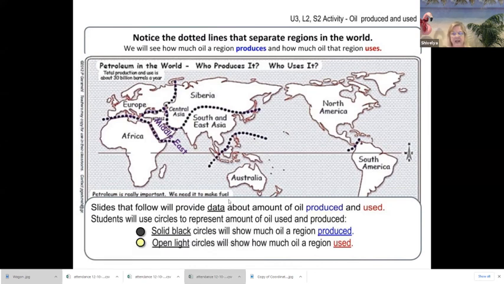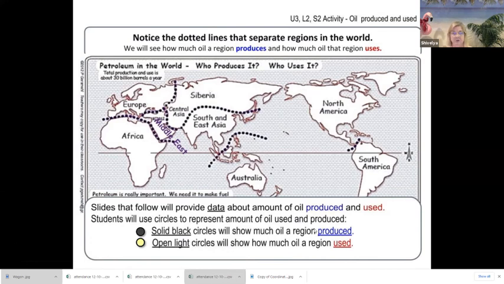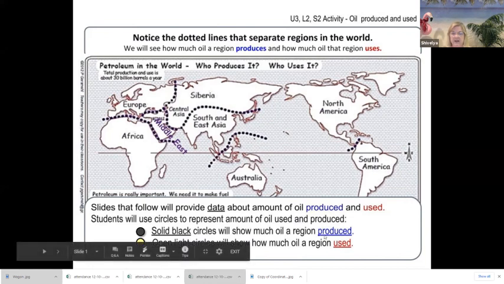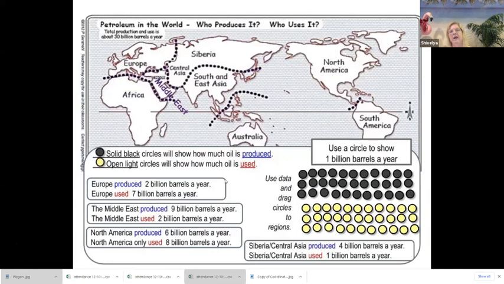The solid black circles represent the oil that's produced, and the open, light-colored circles represent the oil that is used, how much oil is used in that region.